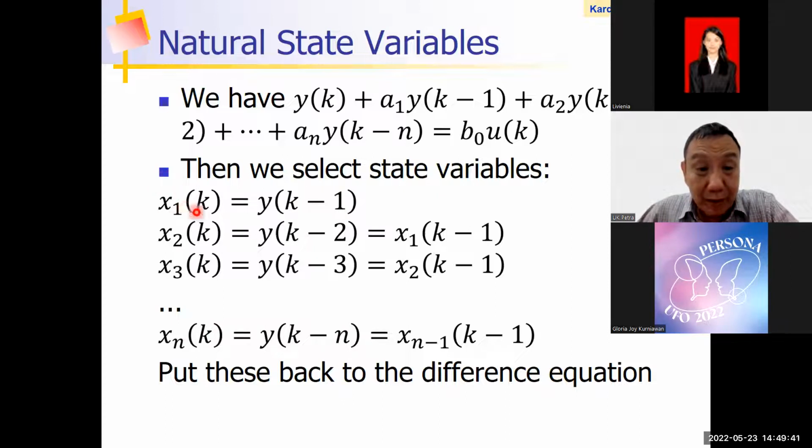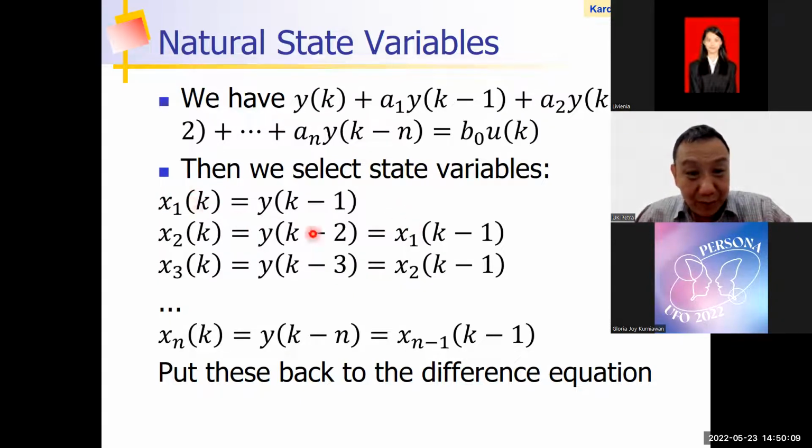So what happened? Because x2 is equal to yk minus 2, but that is exactly the same as x1 k minus 1, isn't it? Remember, yk minus 2 and this is yk minus 1. But yk minus 1 is equal to x1. So I put it here, right?